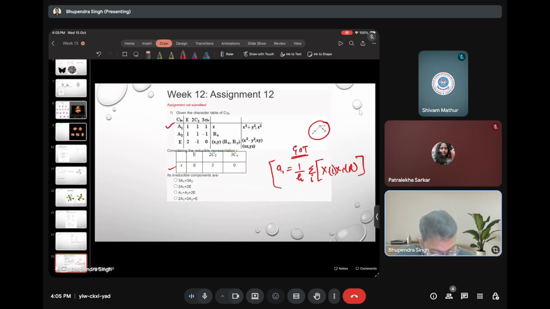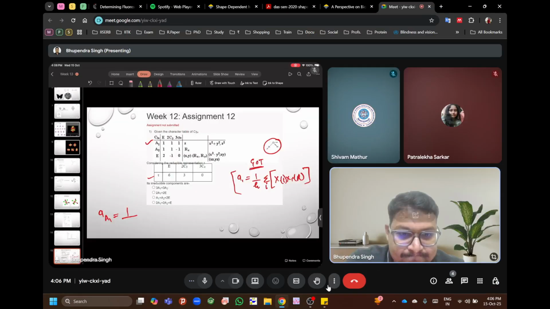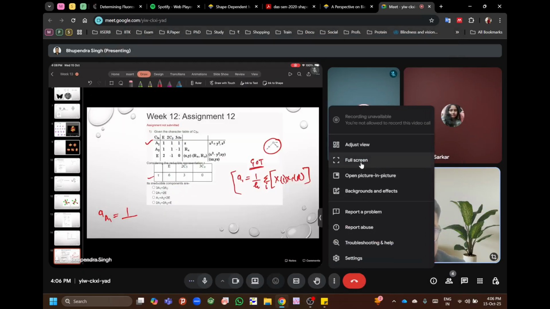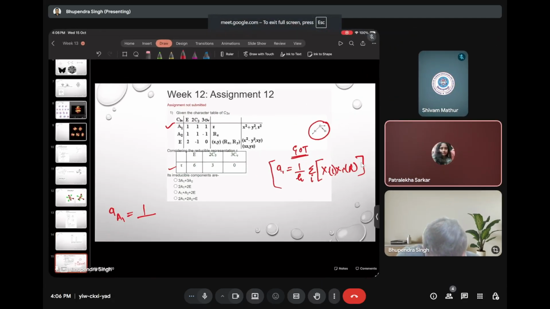Tell me, what is h here? Anyone? Patlika and Shivam. What is the order? Yes. So order is 6.